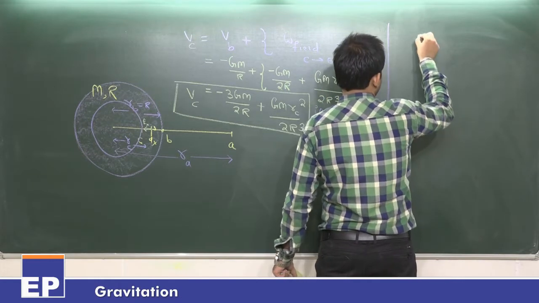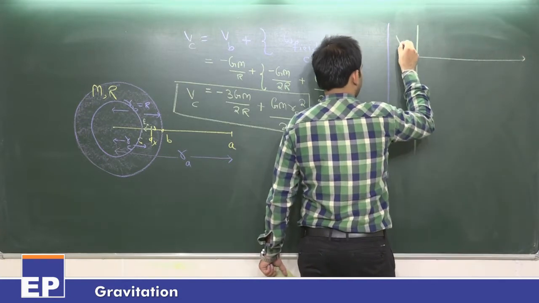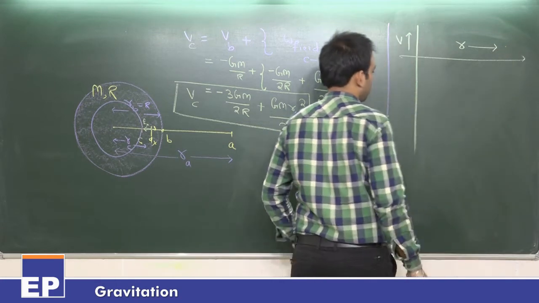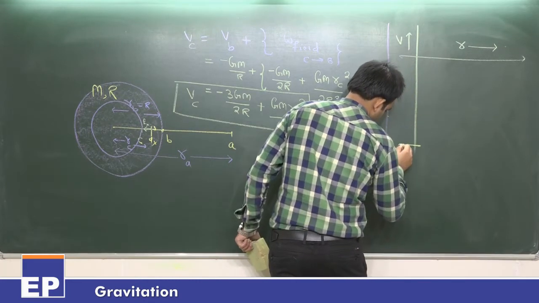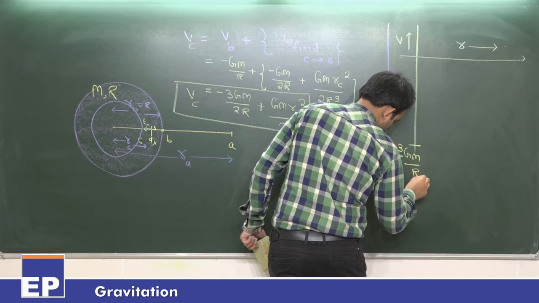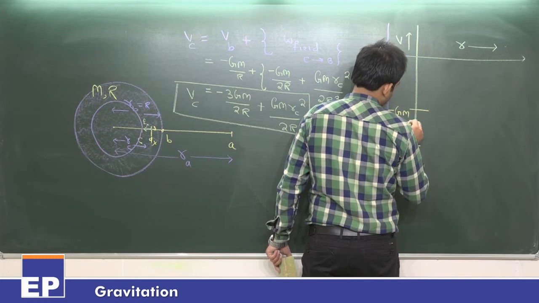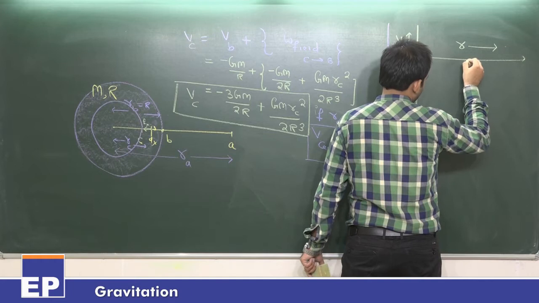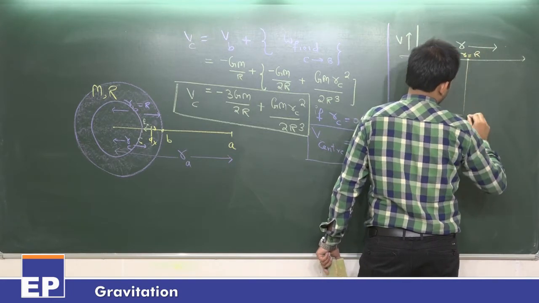So here, if we draw the plot for V versus R, that is minus GM by R. So here it is minus GM by R at R is equal to capital R. After that it will go like this.